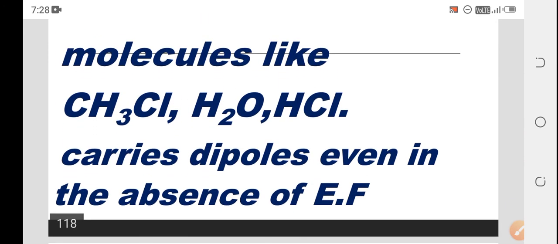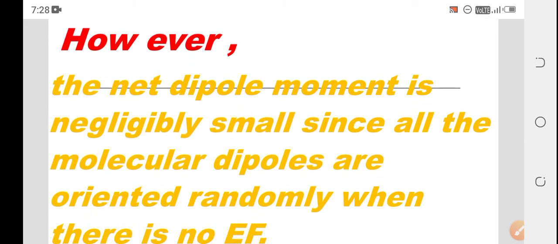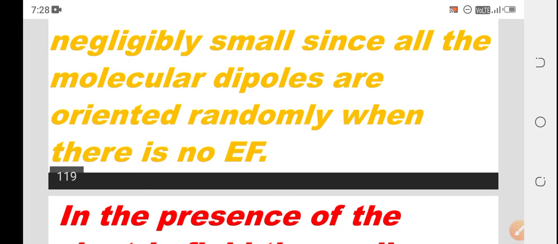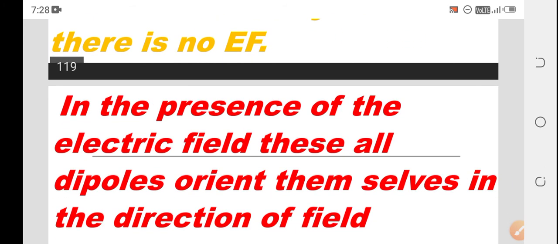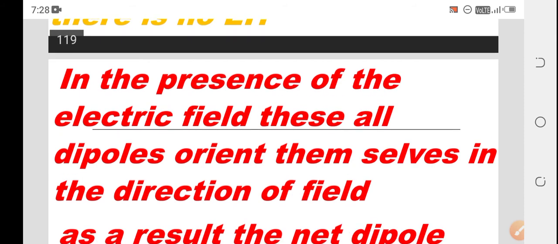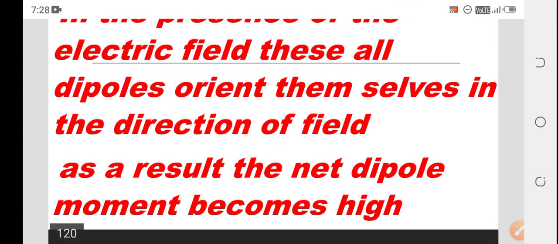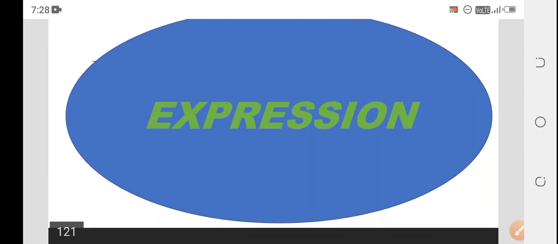Molecules like methyl chloride, water, HCl carry dipoles even in the absence of an electric field. However, the net dipole moment is negligibly small since all the molecular dipoles are oriented randomly when there is no electric field. In the presence of the electric field, all these dipoles orient themselves in the direction of the field. As a result, the net dipole moment becomes high.